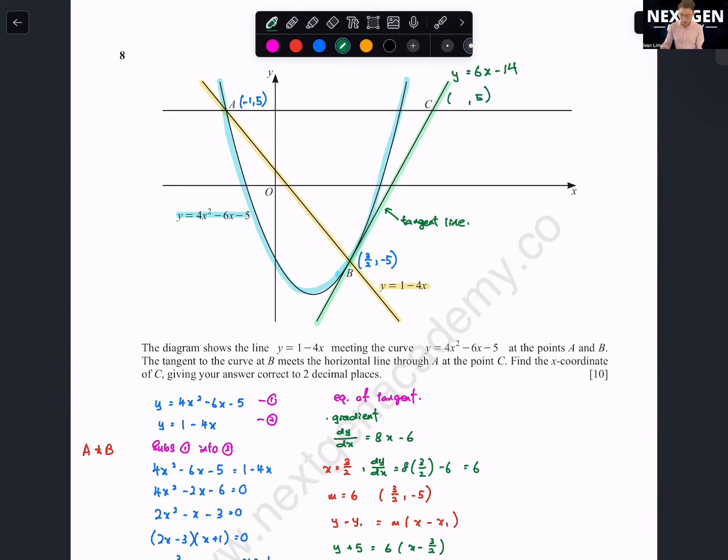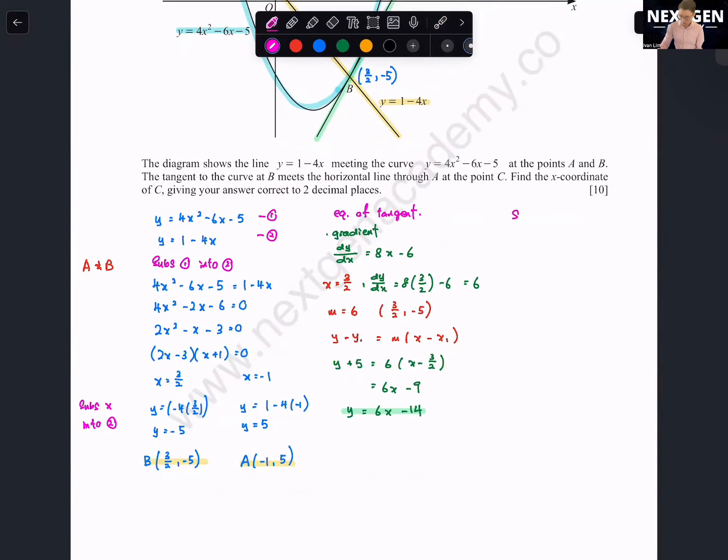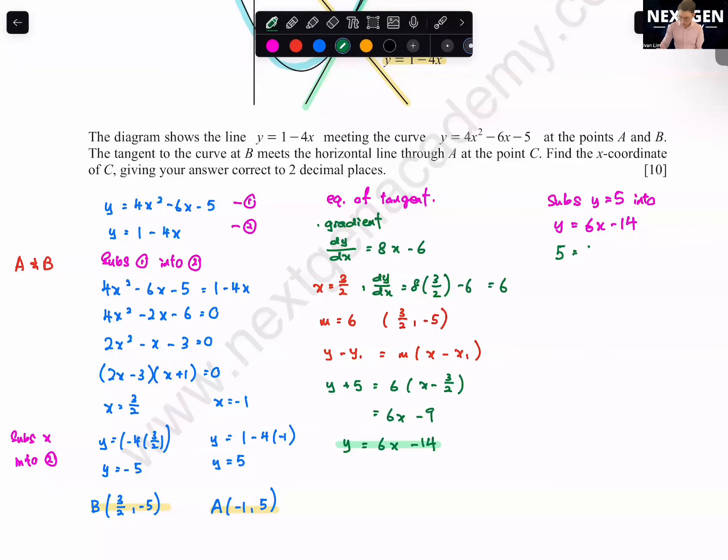They want us to find the x coordinate, so I substitute y equals 5 into y equals 6x minus 14. 5 equals 6x minus 14. 19 equals 6x. X equals, they say correct to 2 dp, so 3.17.